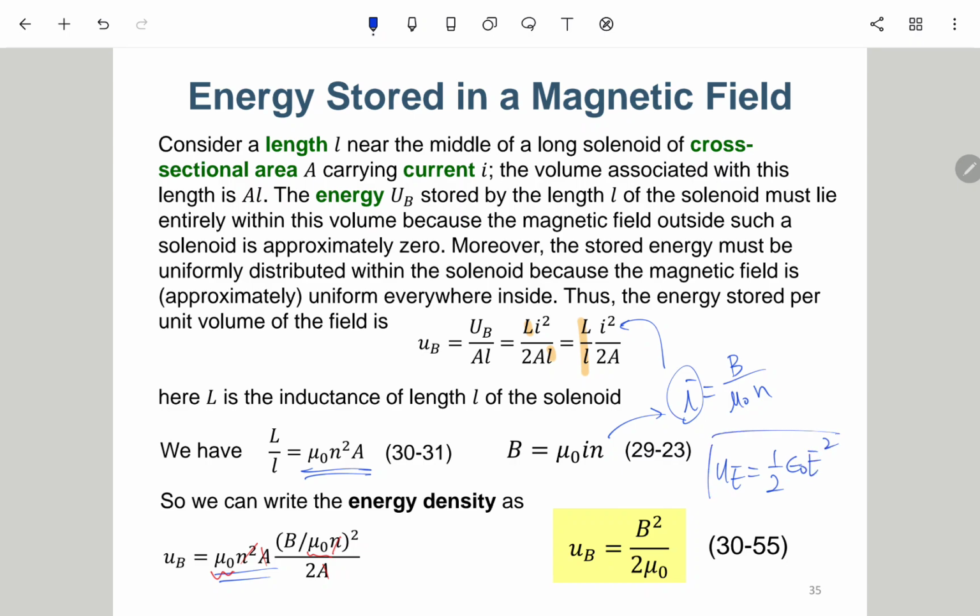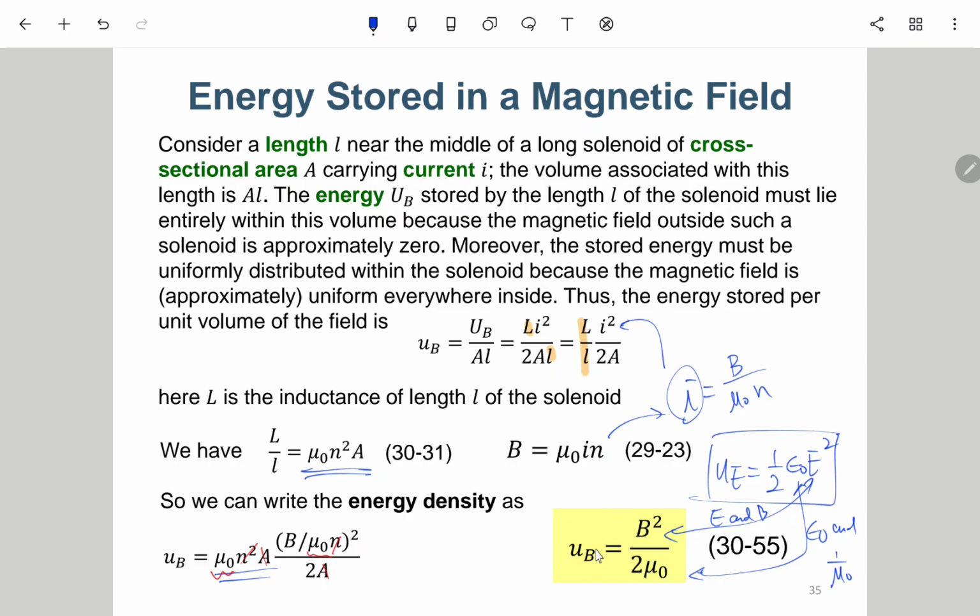So this also satisfies the duality. u_B and u_E are the energy densities for the B field and E field, E and B are the corresponding variables, and epsilon 0 and 1 over mu 0 are the corresponding constants. It is like you change u_E to u_B, keep the 1/2, change epsilon 0 to 1 over mu 0, and change E squared to B squared.